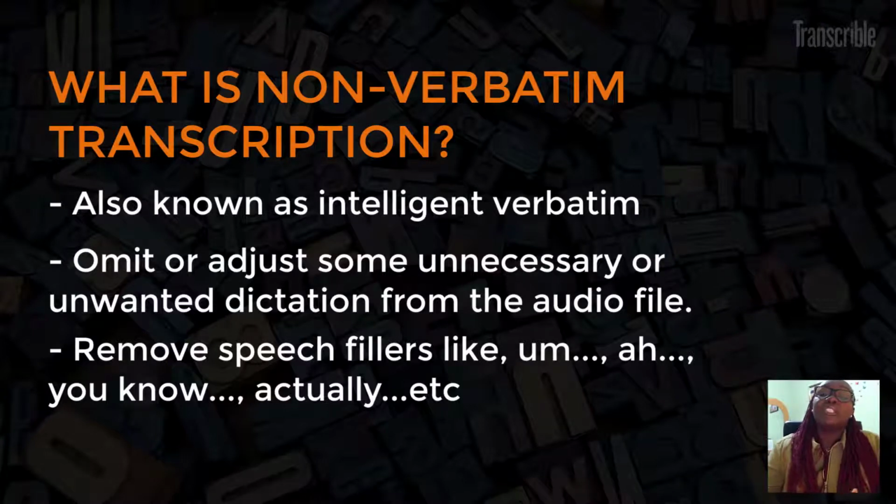And sometimes you get stammerings and stutters. Sometimes you also get interjections from a second or third party during the recording. All these are things that can be omitted when you're transcribing non-verbatim. You're doing intelligent verbatim transcribing.